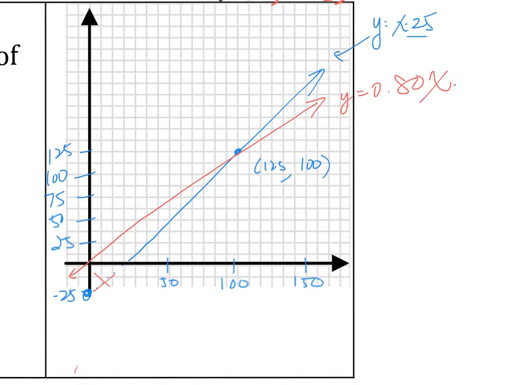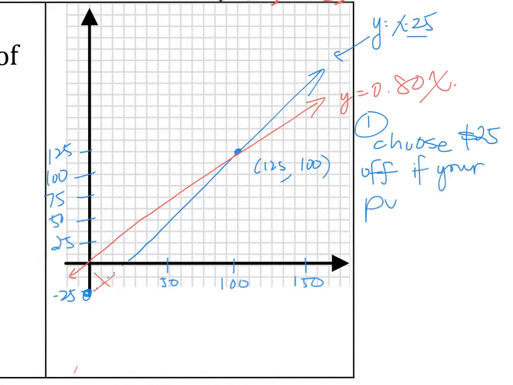Okay, and by looking at this graph, you should choose $25 off if your purchase is less than $125. Why?